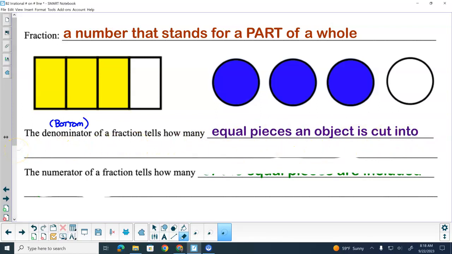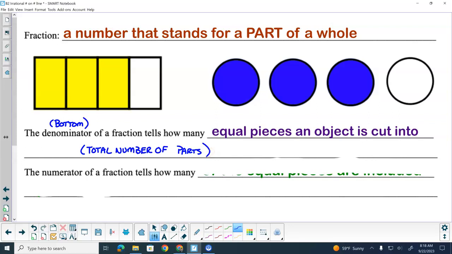So that's the total number of parts, is another way of saying it. Total number of parts.